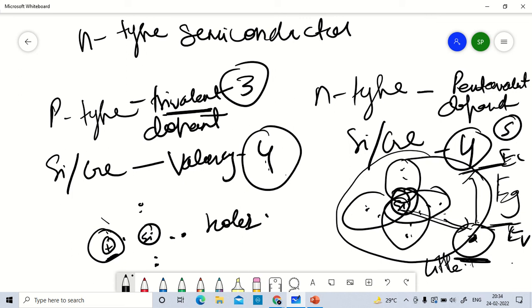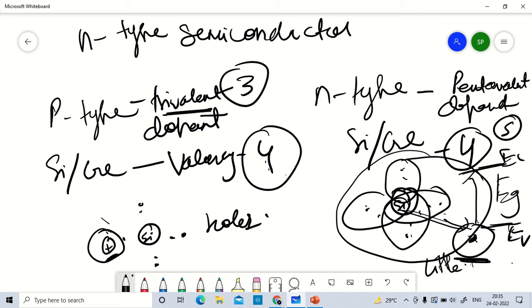For example, the required energy is 0.01 electron volt for germanium and 0.05 electron volt for silicon, to separate this electron from its atom.